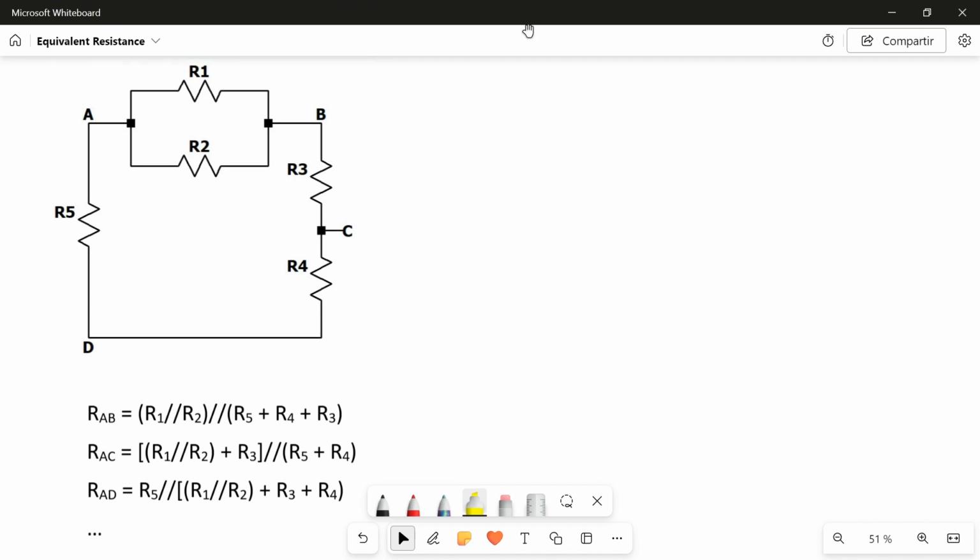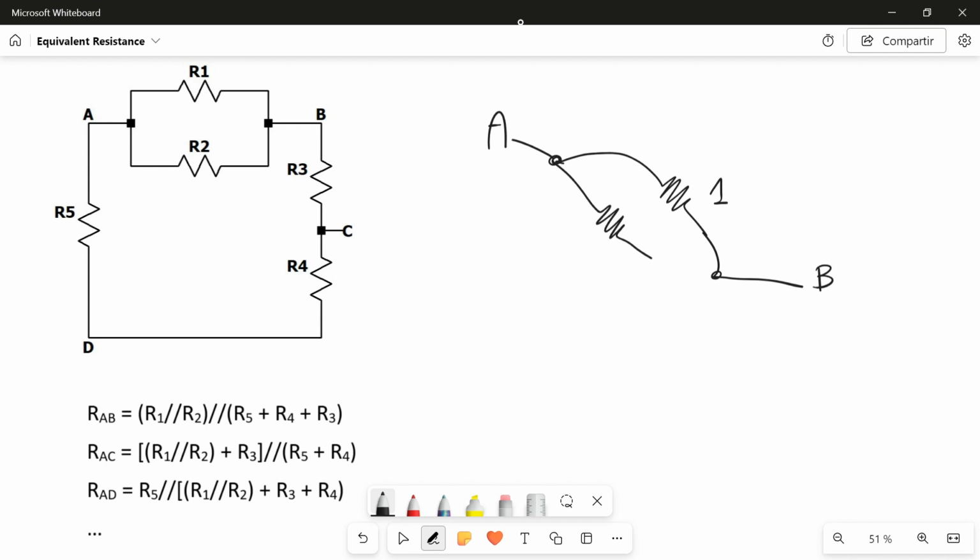RAB, I have my terminal A, from one side. Between A and B, I have R1 and R2, and B here. And on the other side, between A and B, I have all these resistors.